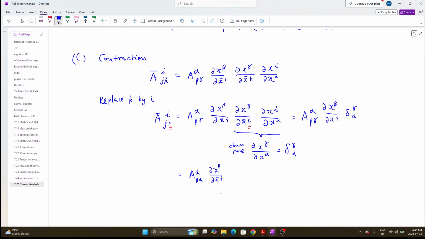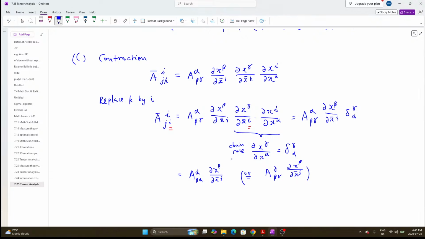Right? I mean, you can swap alpha. You can say swap alpha to gamma. Then you would get A gamma beta gamma. It's the same. It's just that gamma and alpha is a dummy index. They mean the same thing. Right.